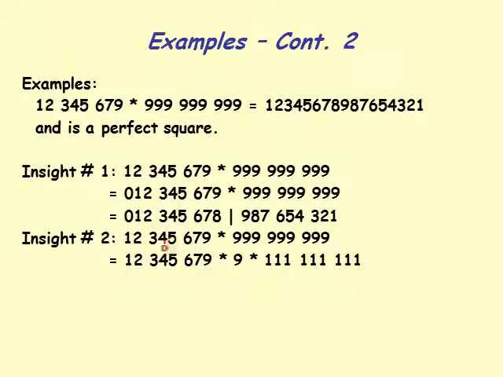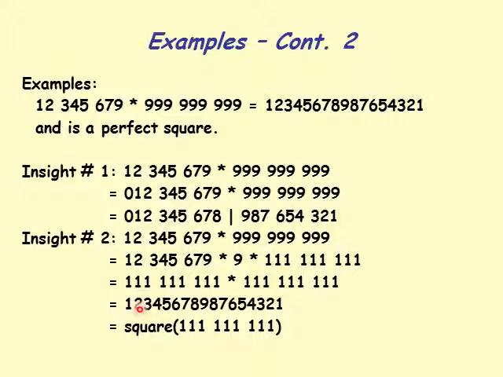Now you multiply 12,345,679 by 9, and you should get 111,111,111 times 111,111,111. Does it tell you this is a perfect square now? It's now a perfect square, and the answer is 123,456,789,87,654,321. If you multiply these out, you would get this answer.